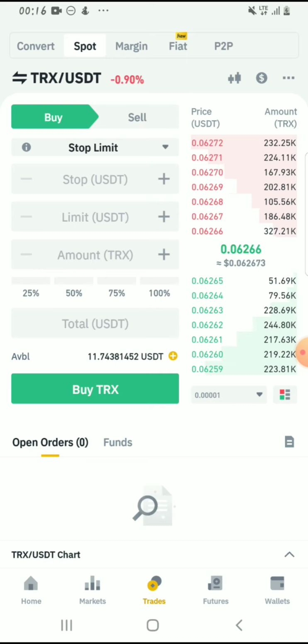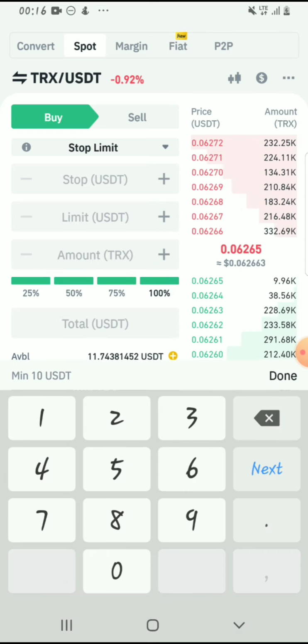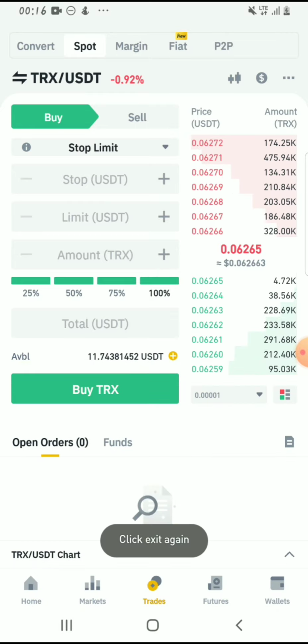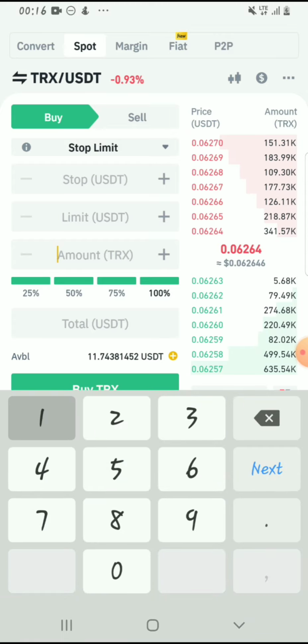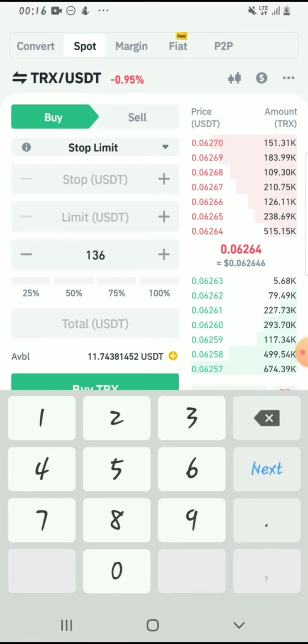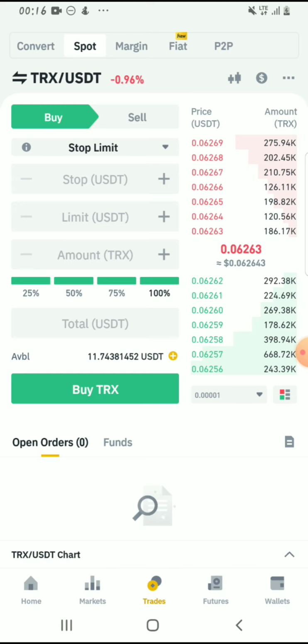So I want to buy, I want to spend 100% of my USDT account. Let's say I want to buy 136 TRON.